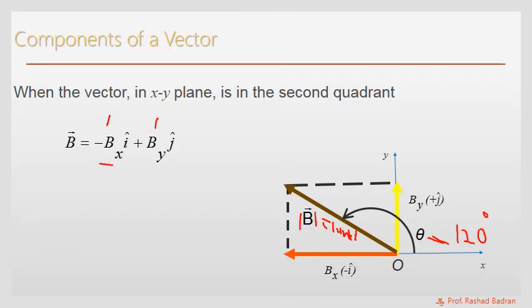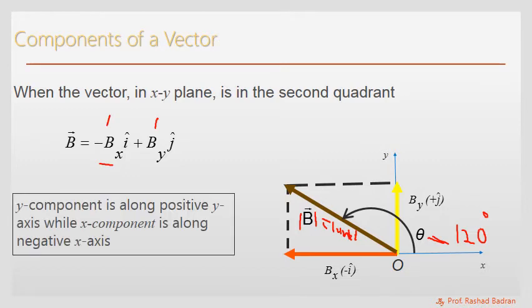Now, how can you find the components bx and by? Well, there is an easy way to do that. Consider the right angled triangle whose sides are the x component and the y component, in addition to the hypotenuse, which represents the magnitude of the vector. This right angled triangle will have an angle phi, and this phi is an absolute angle.